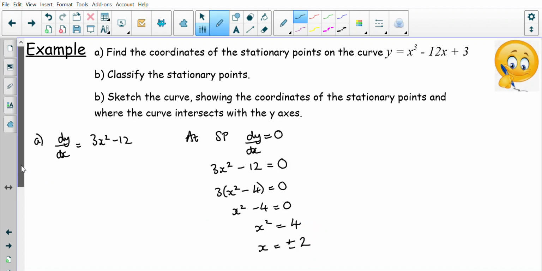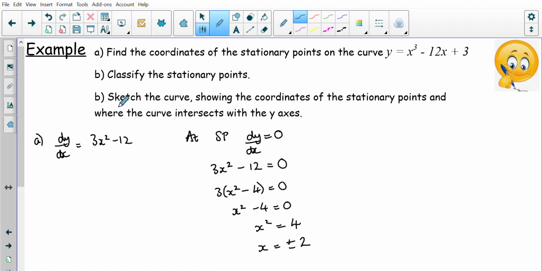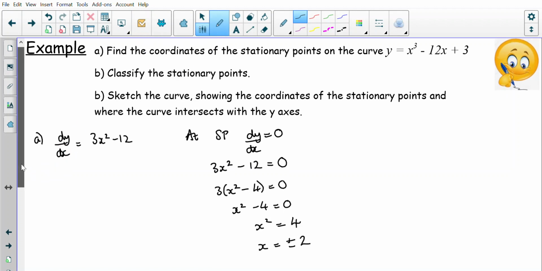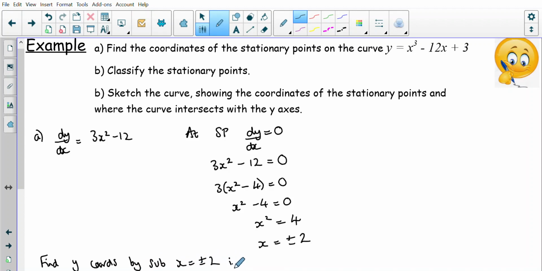So that's given us the x coordinate of the stationary point, but it says it wants the coordinates, so we need to find the y coordinates. We're going to find the y coordinates by subbing x equals plus or minus 2 into the original equation of the curve, y equals x cubed minus 12x plus 3.